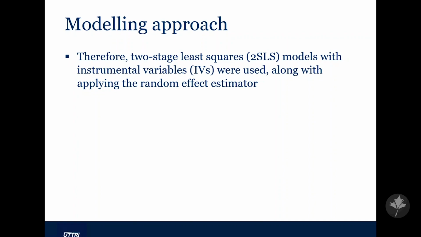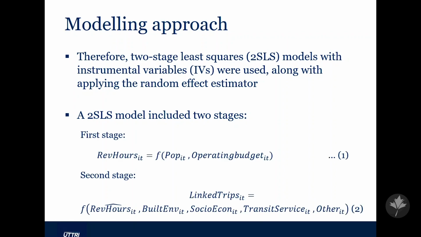So we designed the data set in a panel structure, and we applied a random effects estimator to control for and account for this panel structure. And to address the issue of simultaneity between supply and demand, we developed this two-stage least squares model, and I'm going to elaborate on this right now.